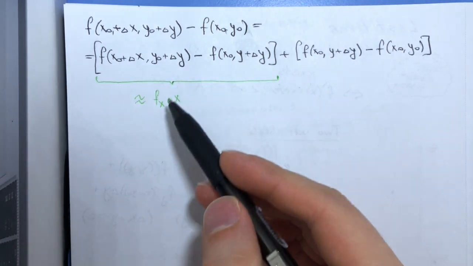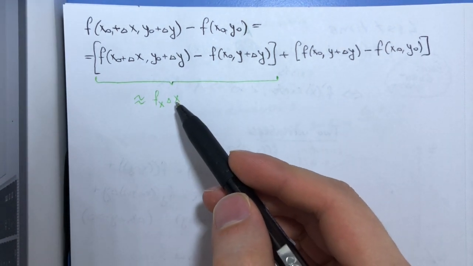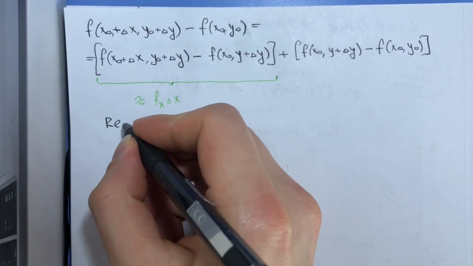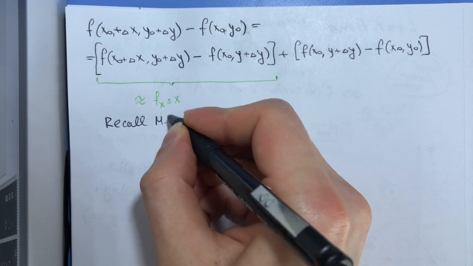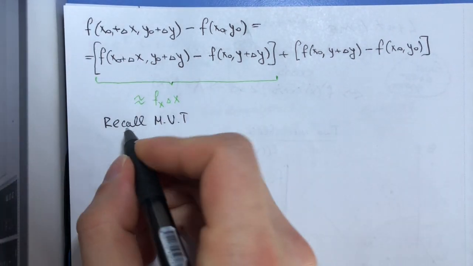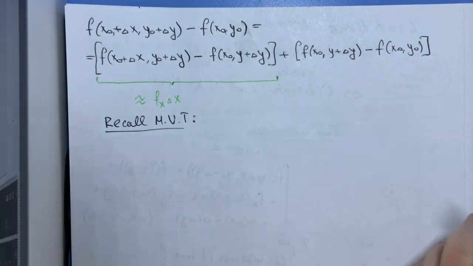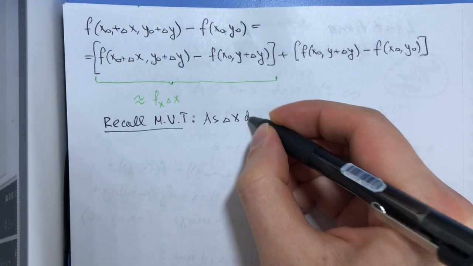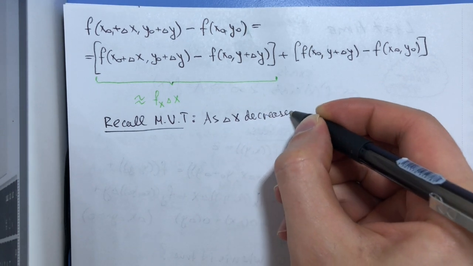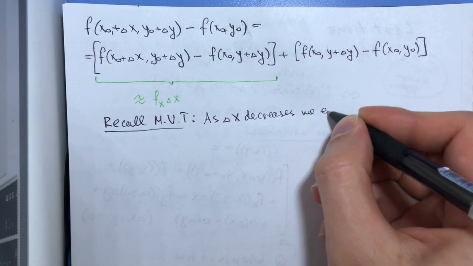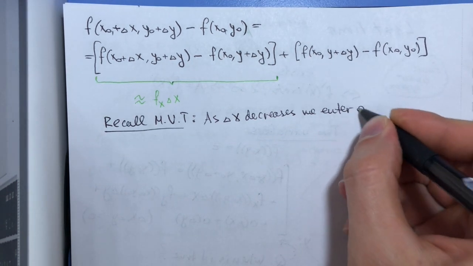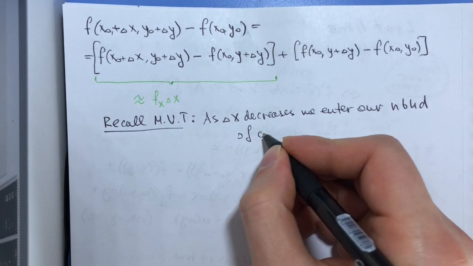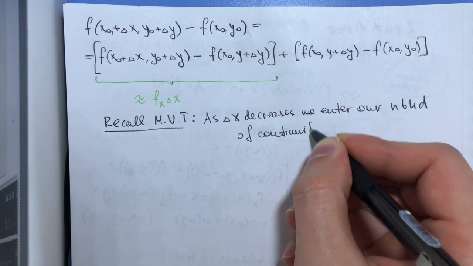So this reminds us of a partial derivative times our increment, but more precisely, if we recall the mean value theorem, what can we say? Well, as delta x decreases, we enter our neighborhood of continuity.